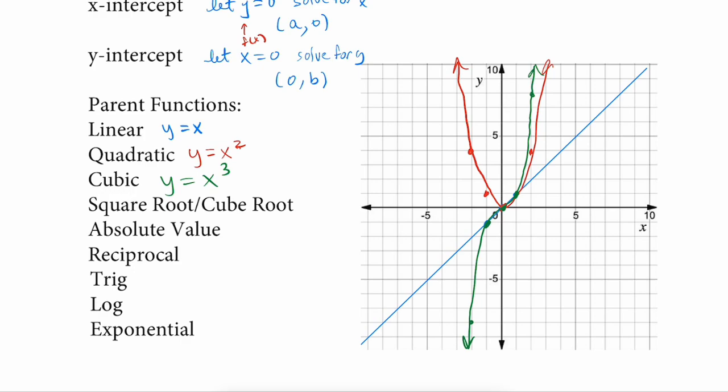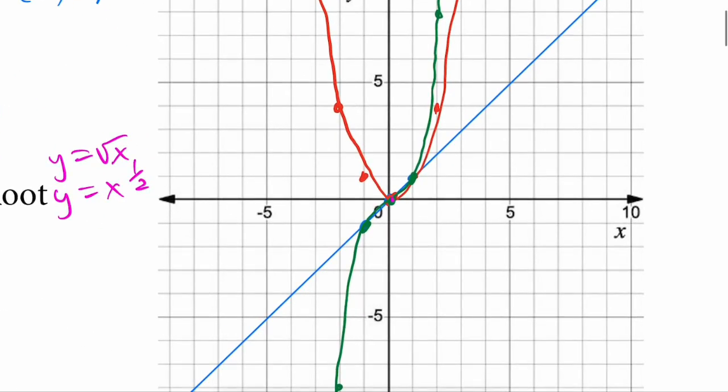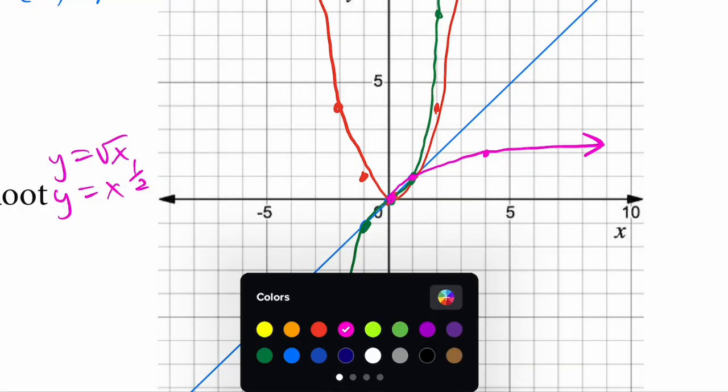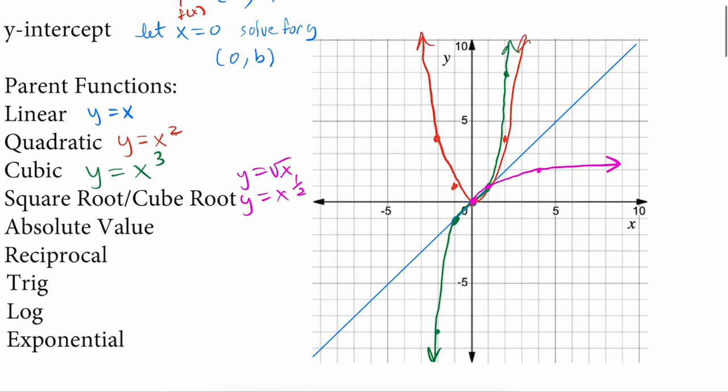The square root function you can write as the square root of x or x to the 1/2. They mean exactly the same thing. Remember, they go through the points (0, 0), (1, 1), (4, 2). The cube root function, you'll see that little index of 3, but remember, you can also write that as a 1/3.